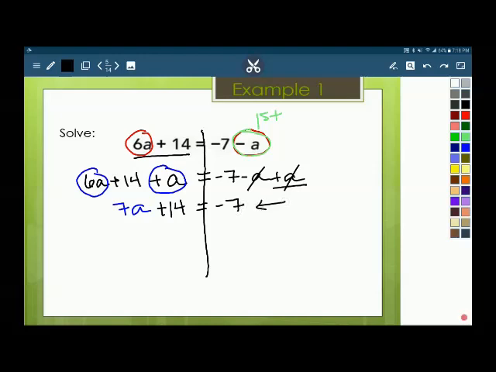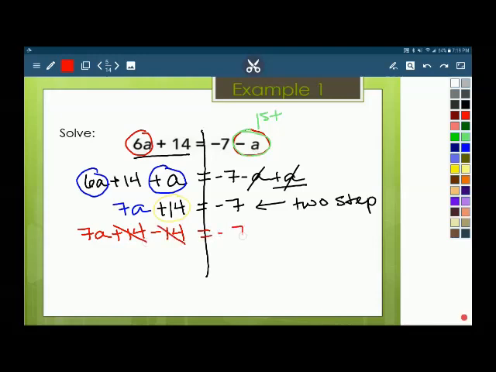We practiced this yesterday. With 2 steps, you're going to look for addition or subtraction first, then multiplication or division. The first thing that's got to go, that is by a, is 14. Again, you only want to move the numbers that are on the side the variable is on. So we are going to subtract 14 in order to get rid of the positive 14 on that side. 7a plus 14 minus 14 becomes 0.